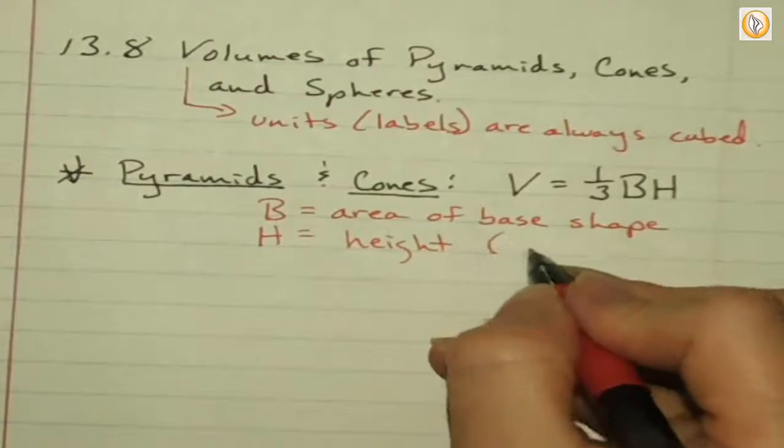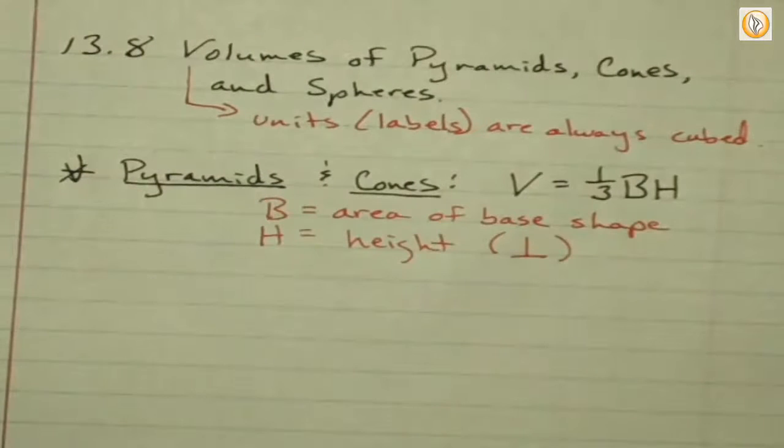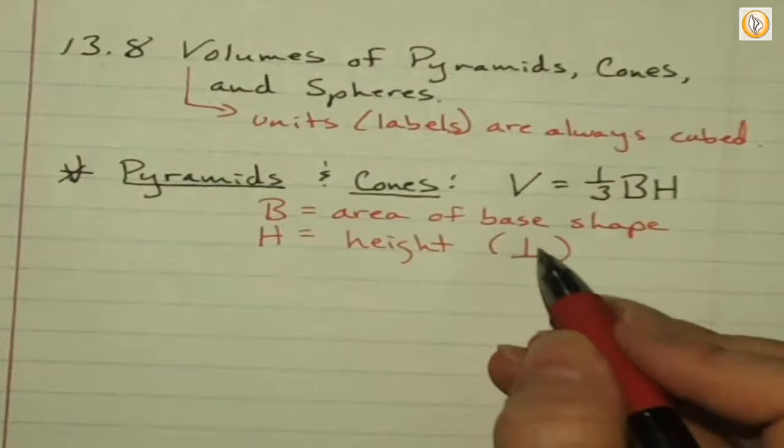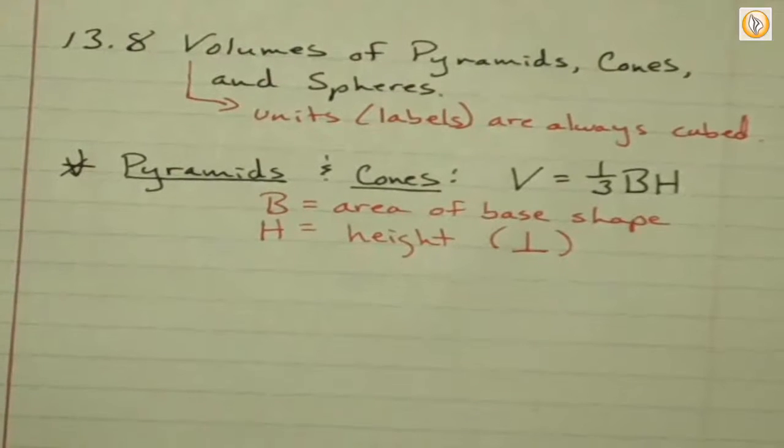And guys, don't forget that's dealing with the perpendicular. That's the actual height of the shape. Y'all know that. But in this case, with pyramids and cones, we're dealing with the perpendicular height of the whole shape. And when I draw my awesome picture, you will see what I'm talking about.